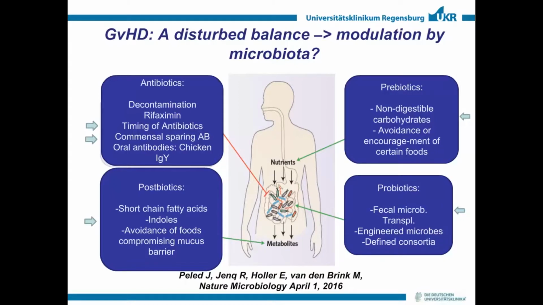Then we could go to prebiotics. So commensal bacteria need non-digestible carbohydrates like fibers, and there are several trials under way using fibers as additional nutrients in the context of stem cell transplantation. We could use postbiotics.